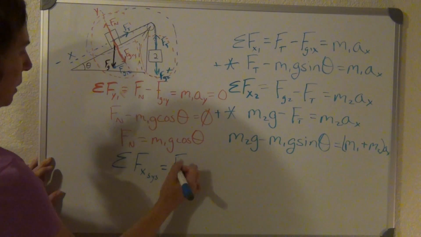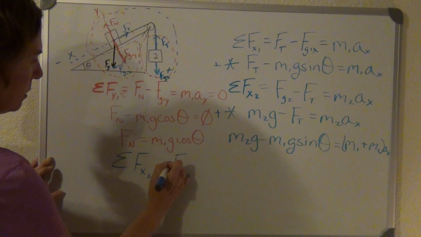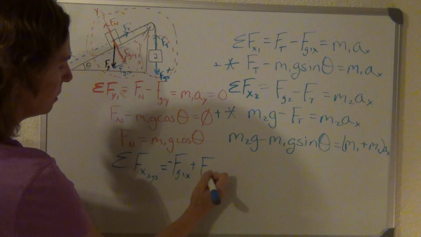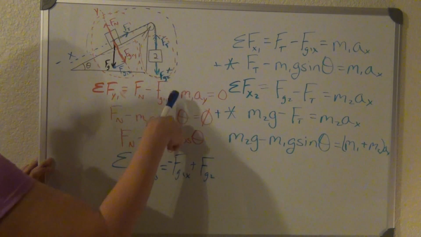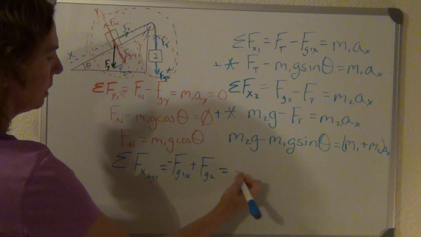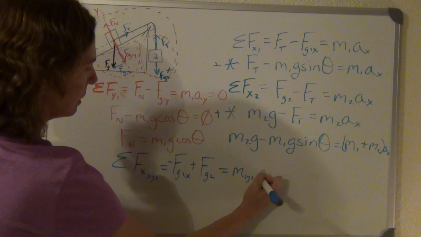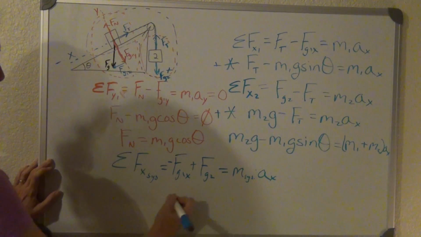Fg1x pulling it downhill, so negative, plus Fg2 pulling it down in the positive direction equals mass of the system times acceleration in the x direction.